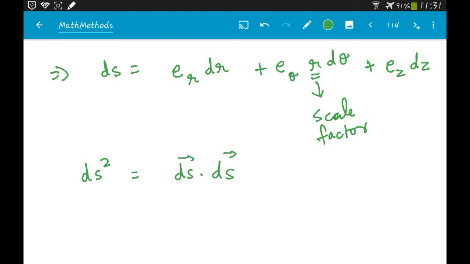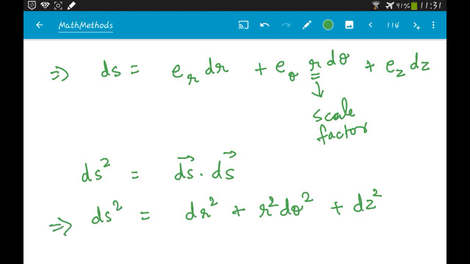You can do the computation, but ultimately you will get dr square plus r square d theta square plus dz square. So this is what you are going to get.